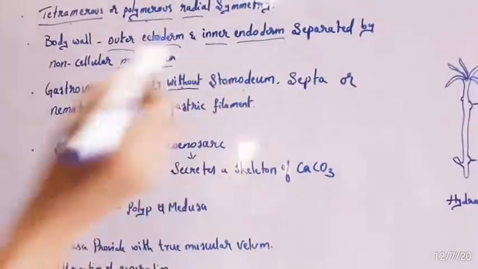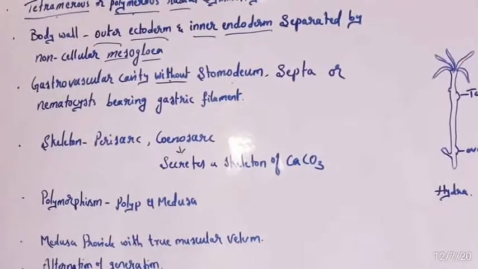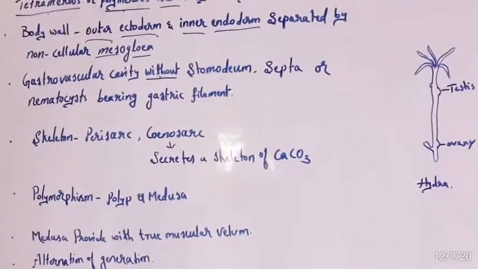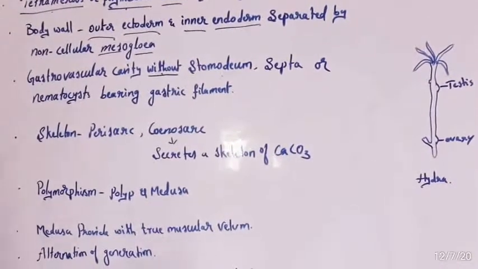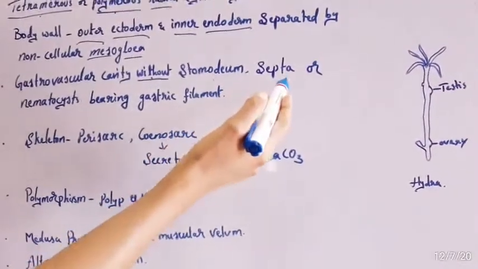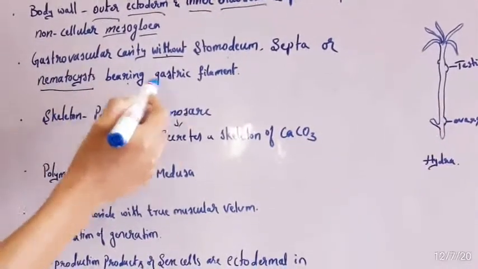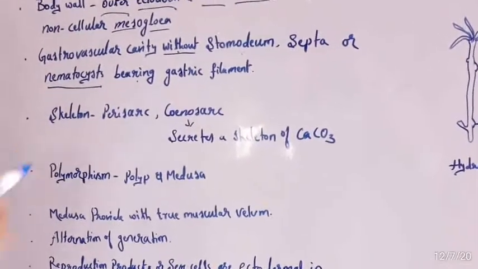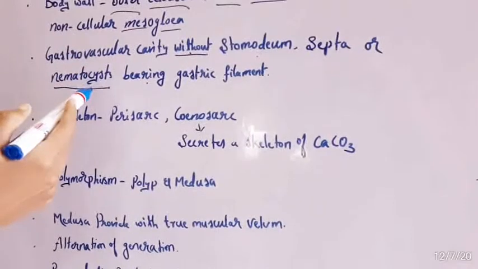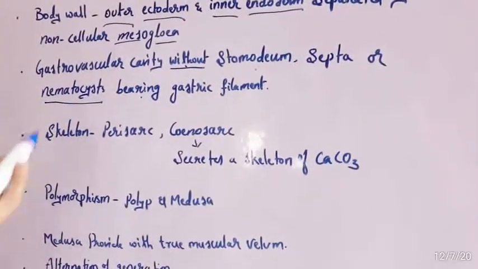So without stomodeum. Septa means a wall that contains many divisions or small parts. So here septa or nematocyst bearing gastric filament. You already know nematocyst acts as a defense organ.